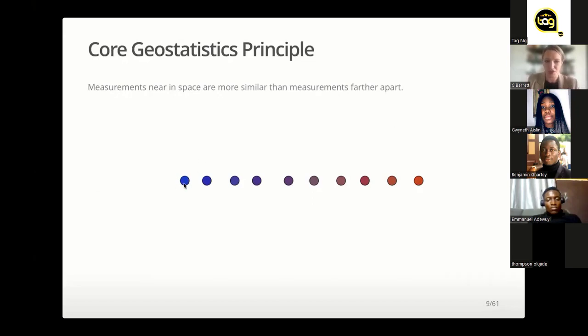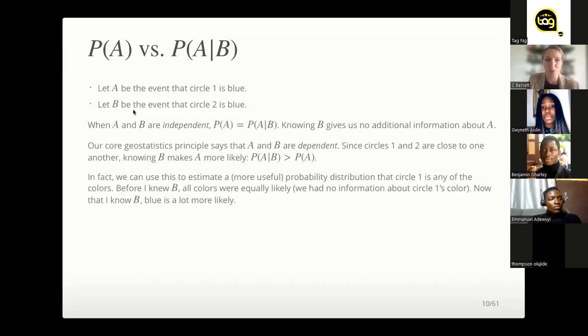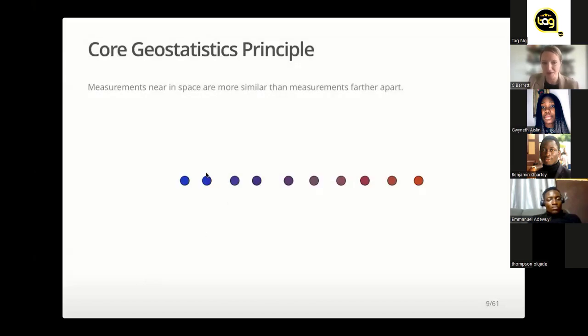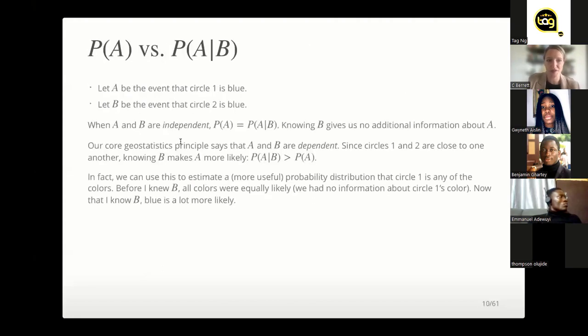So the event that this first circle is blue is called A. And then we're going to let B be the event that circle 2 is blue. So this will be circle 2. When A and B are independent, then the probability of A is equal to the probability of A given B, meaning that knowing B doesn't give us any additional information about A.